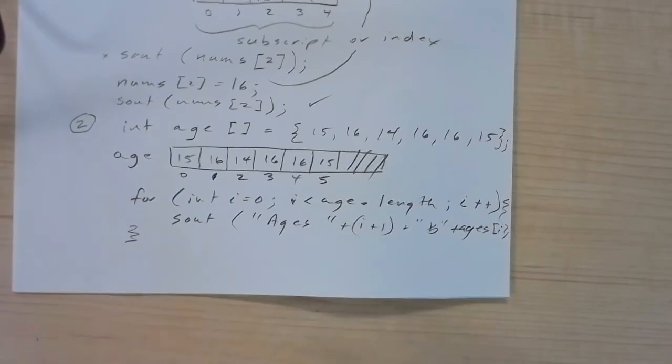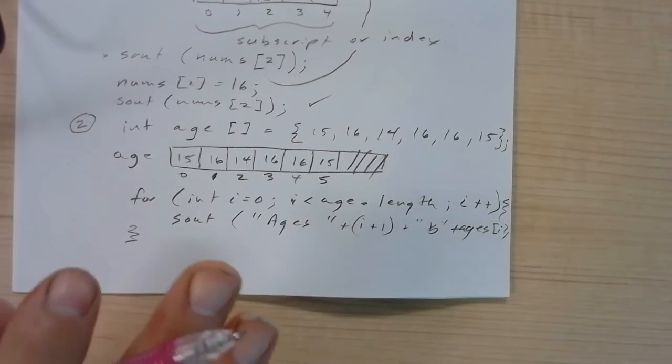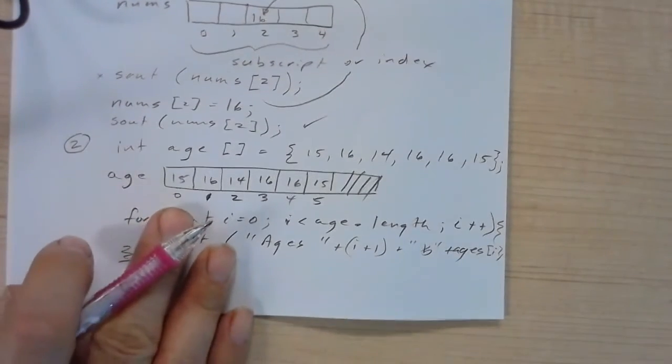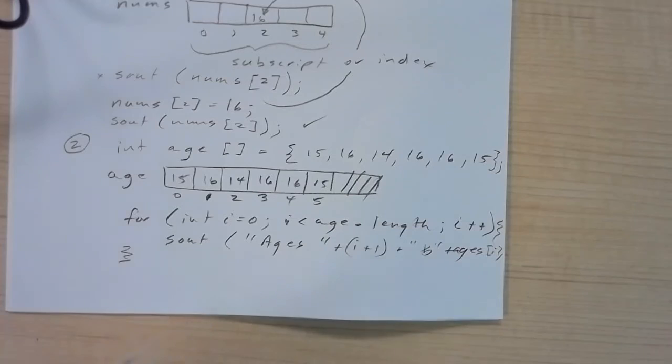We're going to code this now. If you've got these basics down, this is the basic structure of how loops work and how definitions for arrays access those. Now we're going to actually try this in Java. So let's go to Java now and do that.